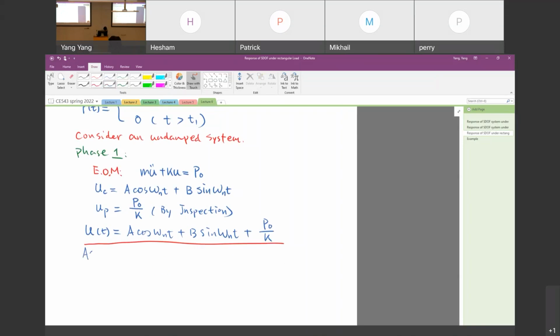We just assume the system does not have any initial displacement or velocity, such as the platform. Assume the initial displacement equals 0. The initial velocity is also equal to 0. So that we should be able to solve.